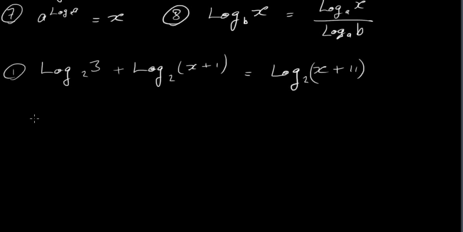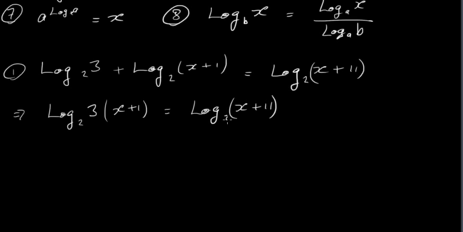So you can write this as log 3 multiplied by x plus 1, all to the base 2, is equal to log x plus 11 to the base 2. So this is the first law of logs in reverse, if you like. You've got log 3 to the base 2 plus log of x plus 1 to the base 2, so we can just take 3 and multiply it by x plus 1 to the base 2.